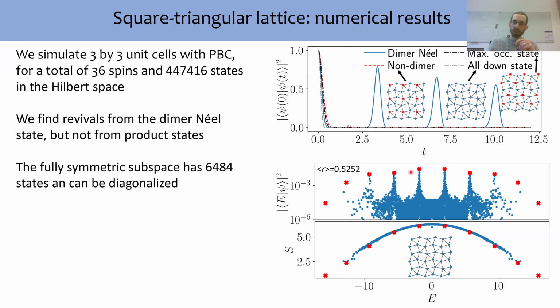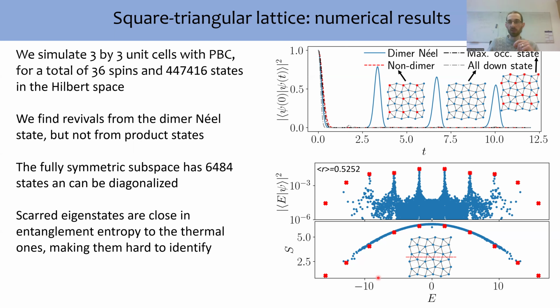And what is more interesting is that if we look at the entanglement entropy of the eigenstates, we no longer have clear outliers like these, at least for this cut, because now the cut is a problem. It's a question of which cut we should take. But for the cuts we looked at, we find that the scar's entanglement entropy is very close to the thermal one. And so this means you will never be able to identify this state just by brute force. So you really need to know what you're looking for and how to probe it to find these scars.